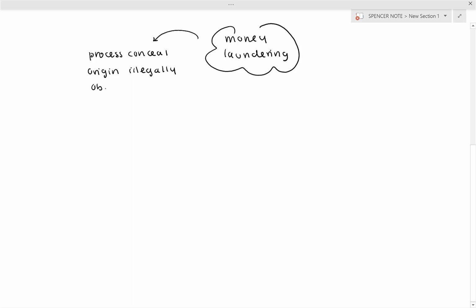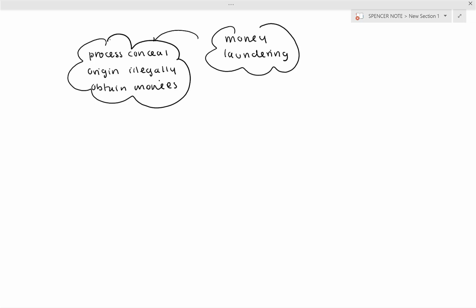So this is money laundering. Now, how does an individual or entity conceal the origin of this illegally obtained money?